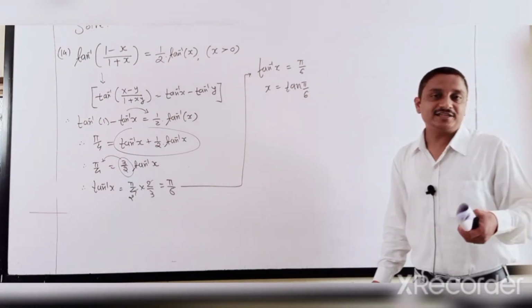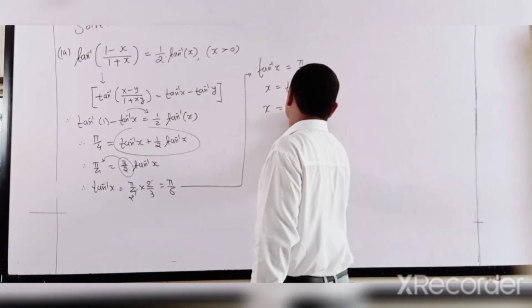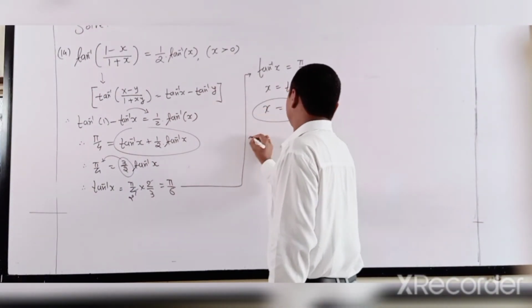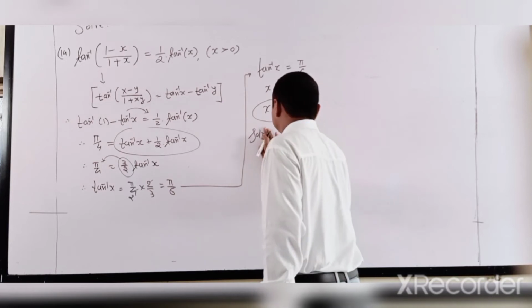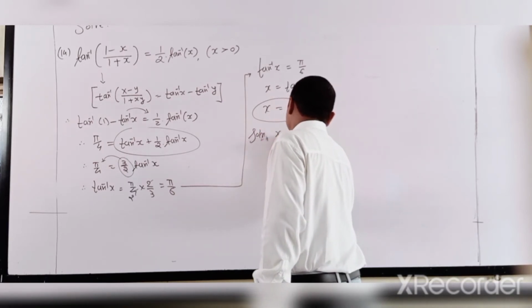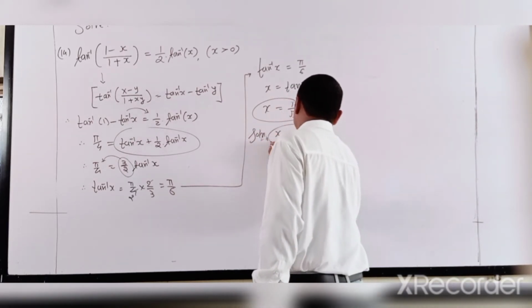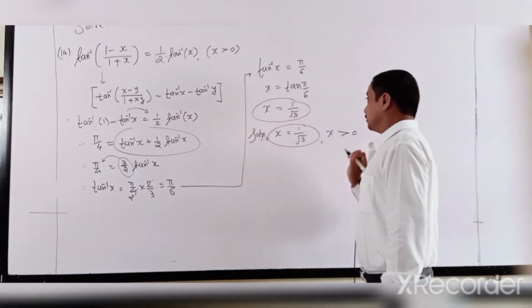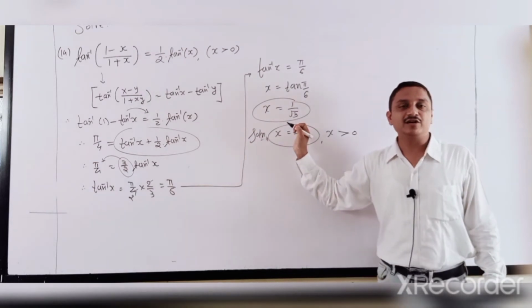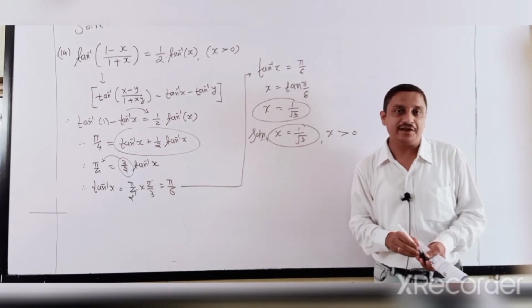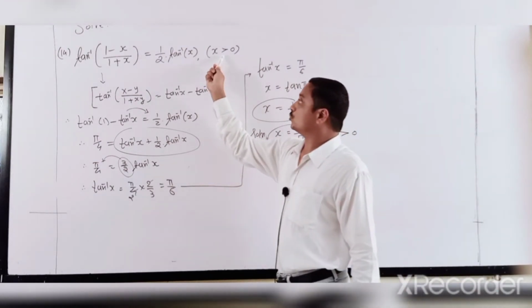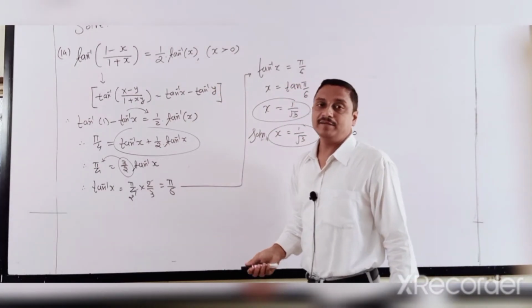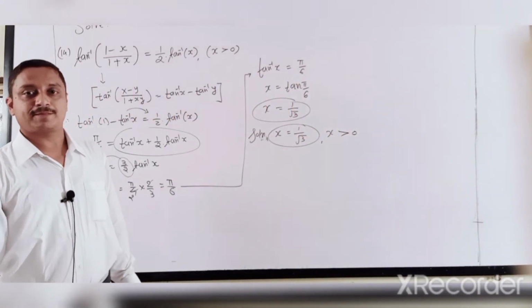And what is tan 30? Yes, it is 1 by root 3. So finally, our solution is x is equal to 1 by root 3. This is done for especially x positive. Students, if x is less than 0 were allowed, then you would cover the answer for negative, but already in the question it is given x greater than 0.